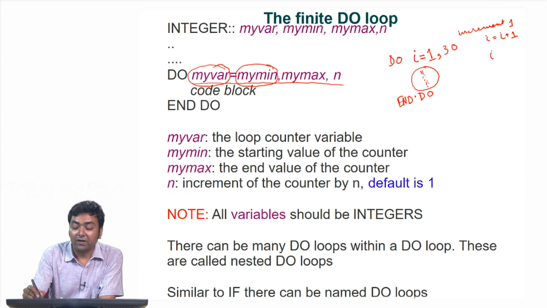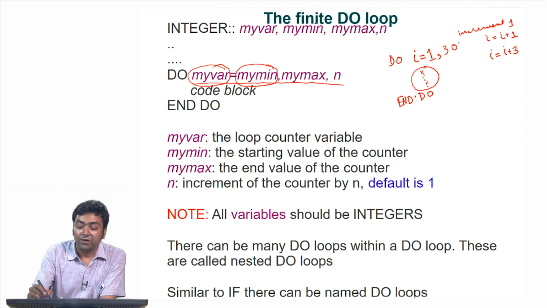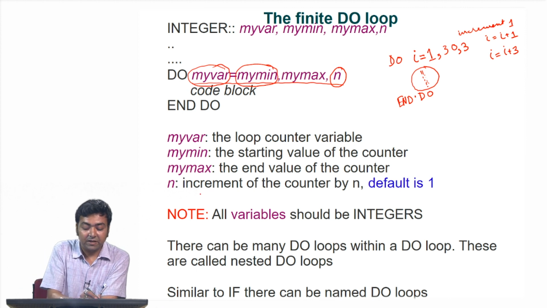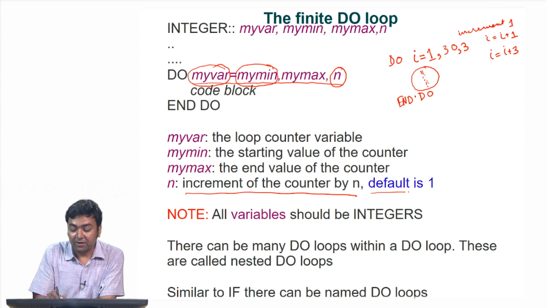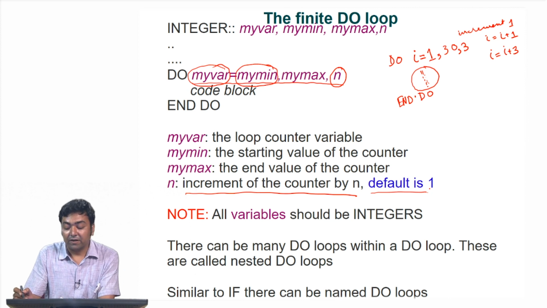Basically, I want the counter to go from I equals 1 to I plus 3. How do I do that? I add another number here which I say is 3. This is basically the increment of the counter. This tells the code to increase the counter by this number n, and as I mentioned before, the default value for the same is 1.